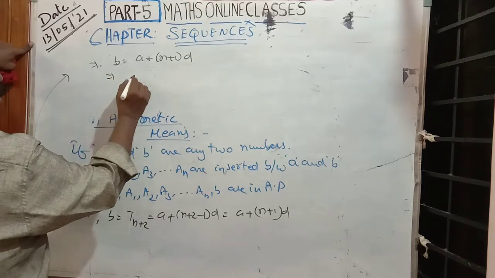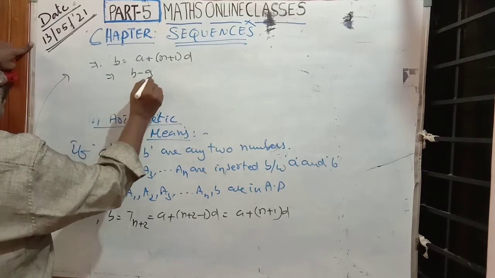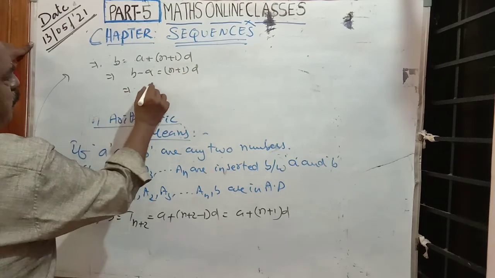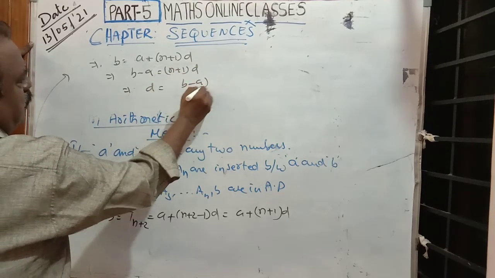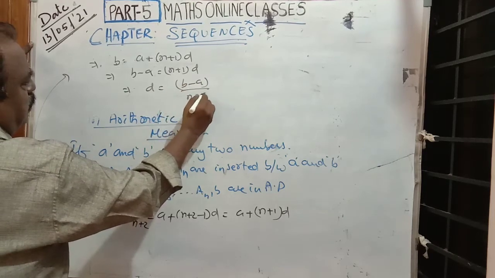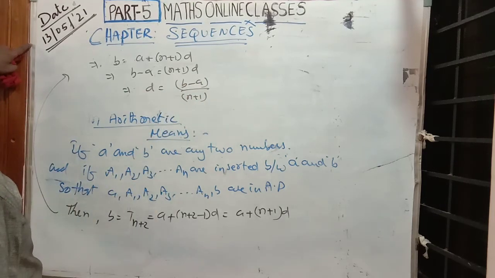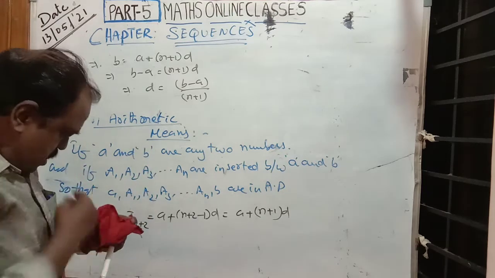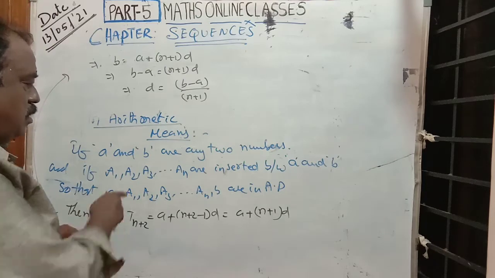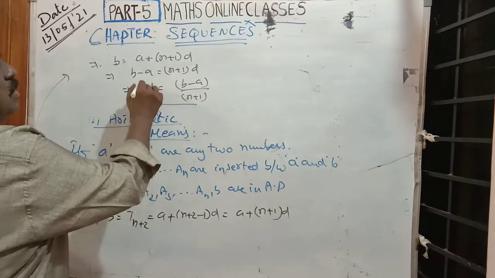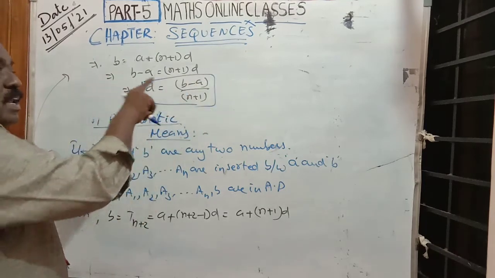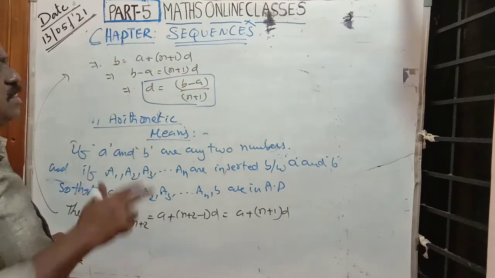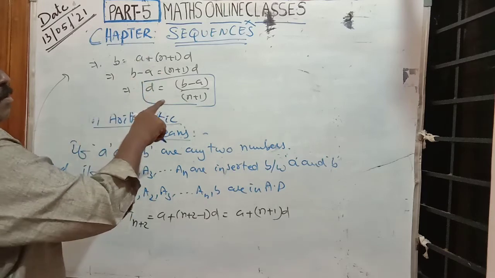That implies B minus A is equal to (n plus 1) into D. That implies D is equal to (B minus A) by (n plus 1). Now that is D. It is a standard. In this series, the common difference is the greater minus the smaller, or otherwise the second minus the first, divided by n plus 1.